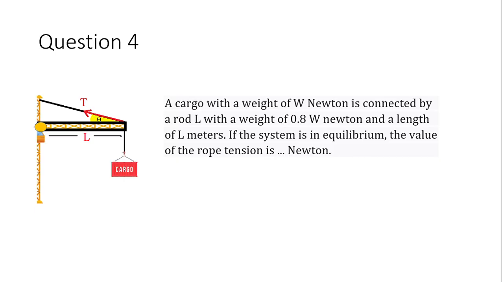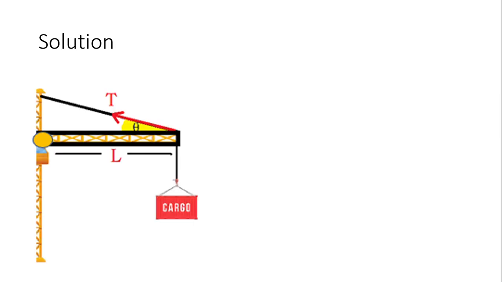Okay, first of all we have to draw the force diagram which works on this rod. This is the cargo weight, this is the weight of the rod, and of course the vertical component of the rope tension. Using the pivot in here we'll figure out the rope tension.